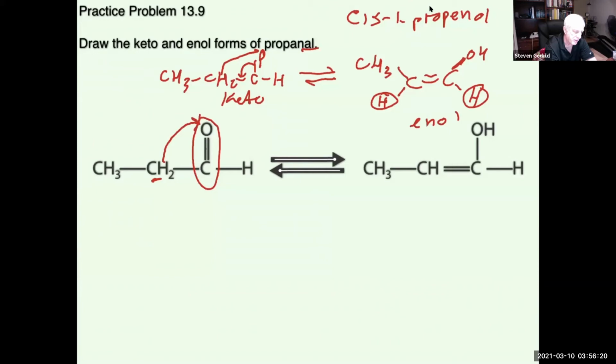And that double bond is going to move down to form the double bond between the two carbon atoms now. So you get CH3, CH, double bond, COH, H. Again, this is your keto form. This is your enol form. Remember, EN is a double bond, OL is an alcohol.